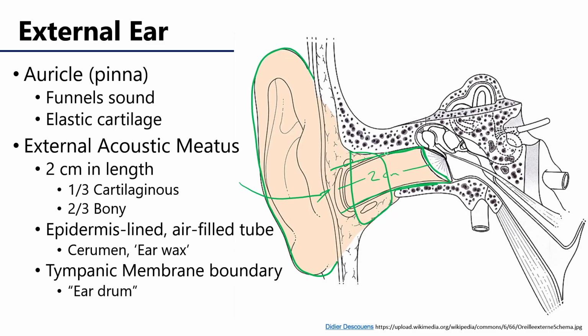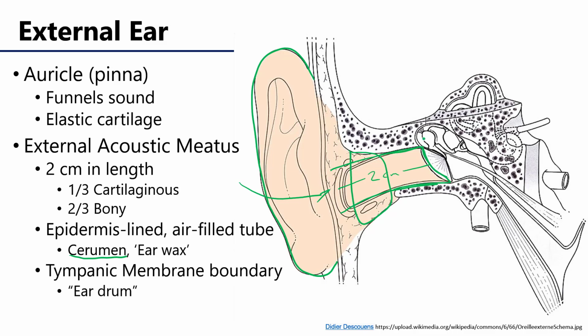The EAM is an epidermis-lined air-filled tube. So that is skin, which is lining the external acoustic meatus, and that skin contains ceruminous glands, which secrete cerumen, or earwax, which has a protective function.